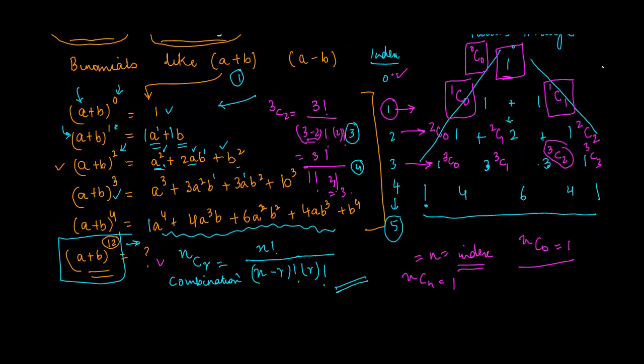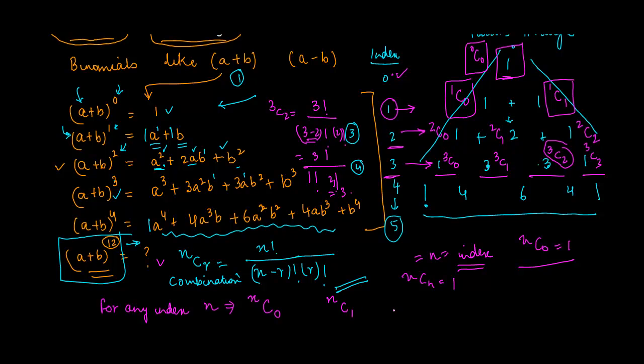Now if you try to generalize this Pascal theorem for any index n, whether it was 2, 3 or so on, this can be written as nC0.